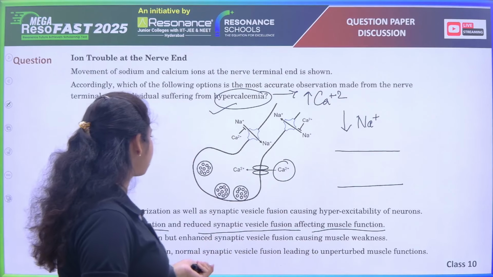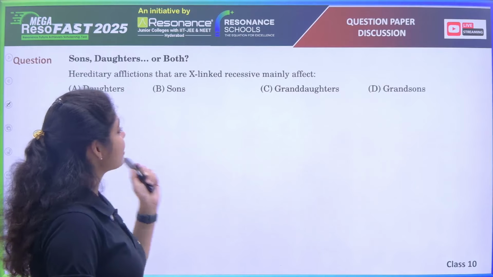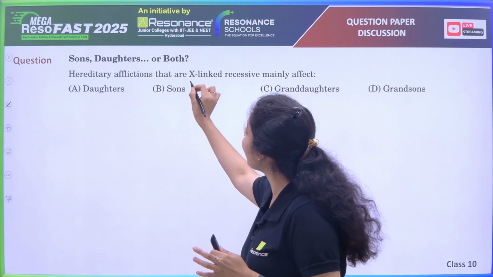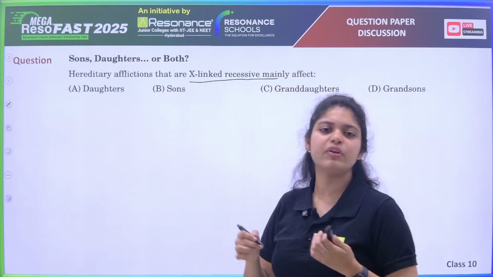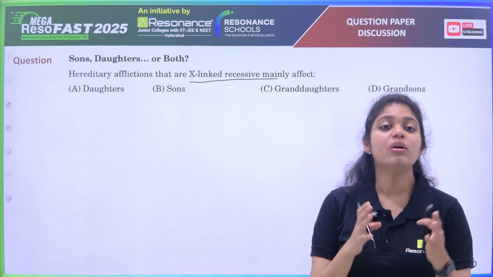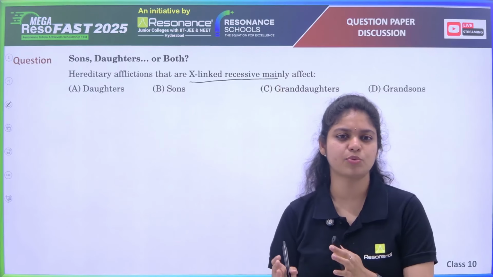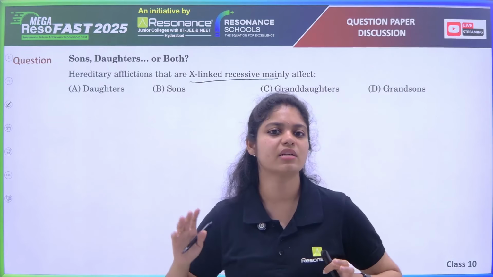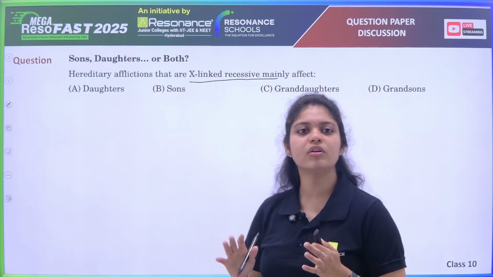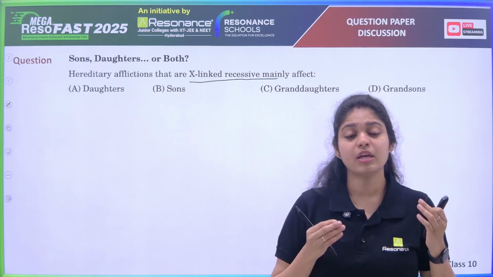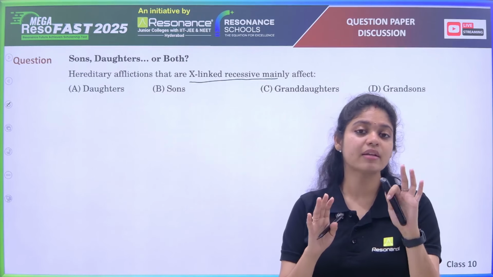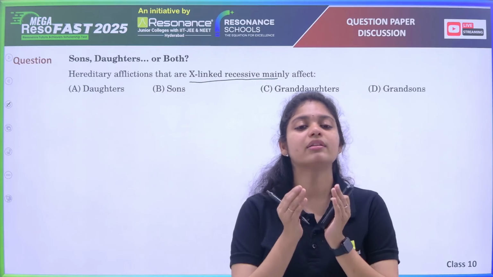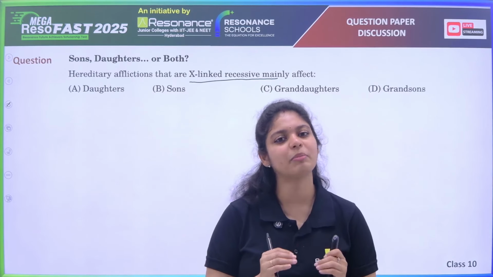Coming to the next question, this is a question from genetics. Hereditary afflictions that are X-linked recessive will mainly affect the... Now, X-linked recessive traits mainly affect the males of the subsequent generation. Daughters will not be affected, because only if the other X is also recessive will the daughters be affected.